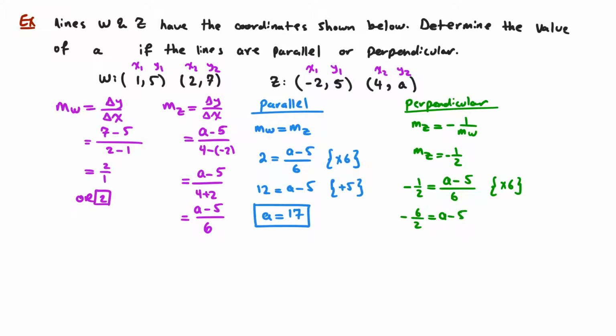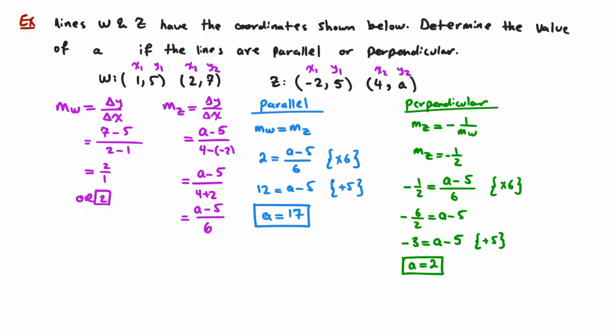I know that 6 over 2 simplifies to 3, so that makes my life a lot easier, and I can add 5 to both sides, and I will get A is equal to 2. And this means that the y-coordinate of this point over here, which lies on line Z, needs to have a value of 2 in order for me to get a line which is perpendicular to line W.